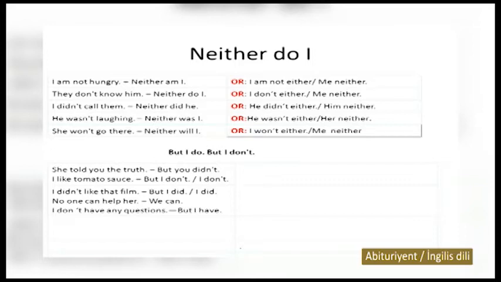But if neither stands at the beginning, after neither we use auxiliary, you see, auxiliary, neither do I, but me neither. Remember the structure, please. He wasn't laughing. Was is auxiliary here, and we put neither at the beginning.